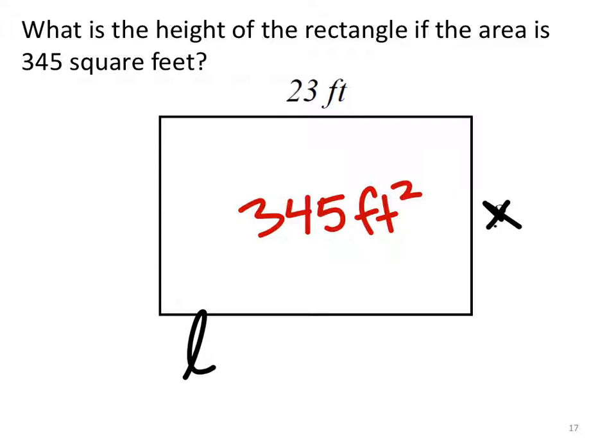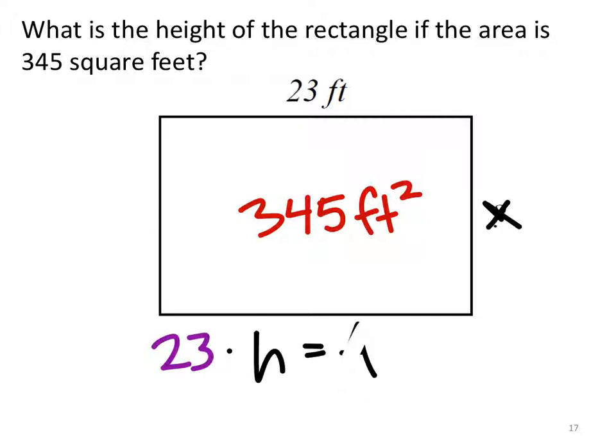All right, well, let's look at what we know about rectangles. Area is length times width, and that would equal our area. Now, if you did area equals length times width, it's not going to matter. Here's what we know about length, if we consider that the longer of the two sides. The longer of the two sides is 23 feet. What we don't know is the width or the height, so if you wanted to change that to h, feel free to do that.